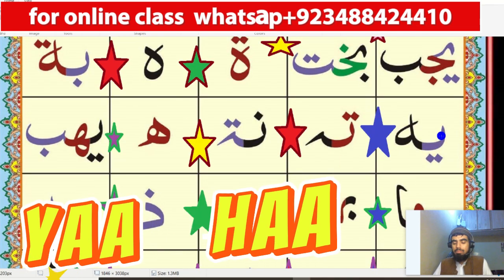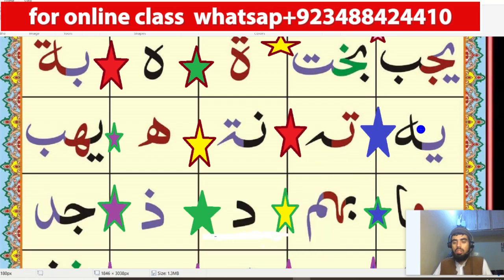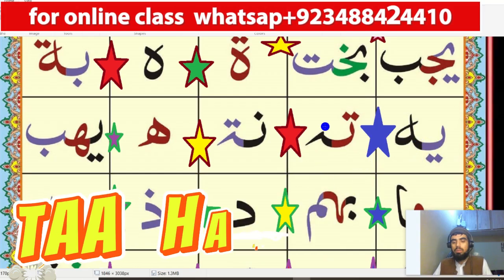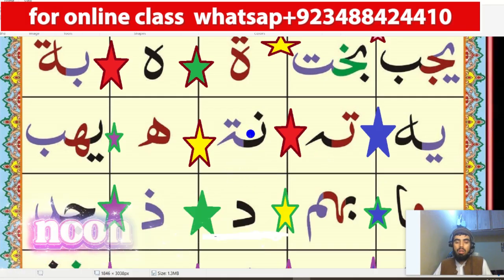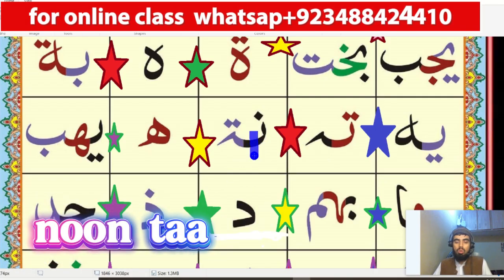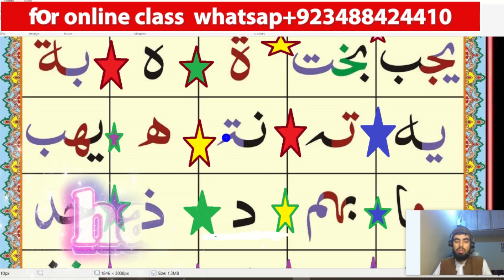After this ya, ha, the first letter ya letter and the second one ha letter, and that is sarkali ha. After this ta, ha, the first letter is ta letter because the ta letter has two dots on the top, and the last one ha. Next noon ta, the black one letter noon letter, and after that the last letter one ta letter because the ta letter has two dots on the top.